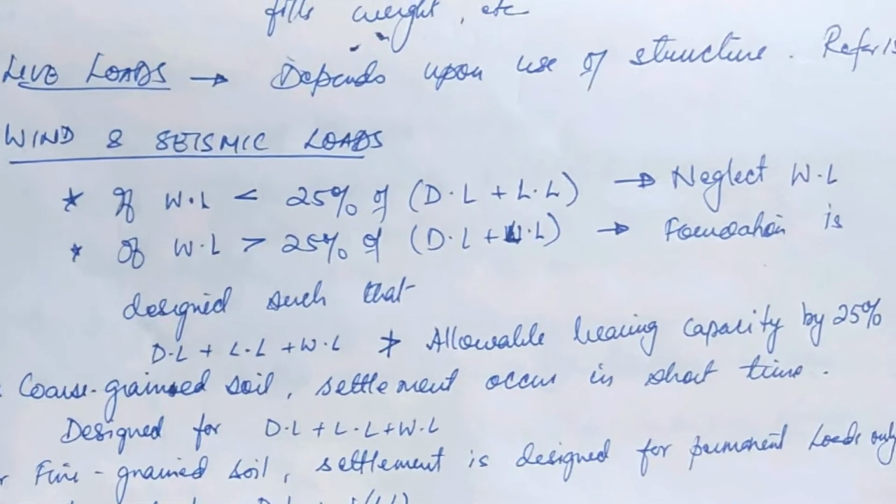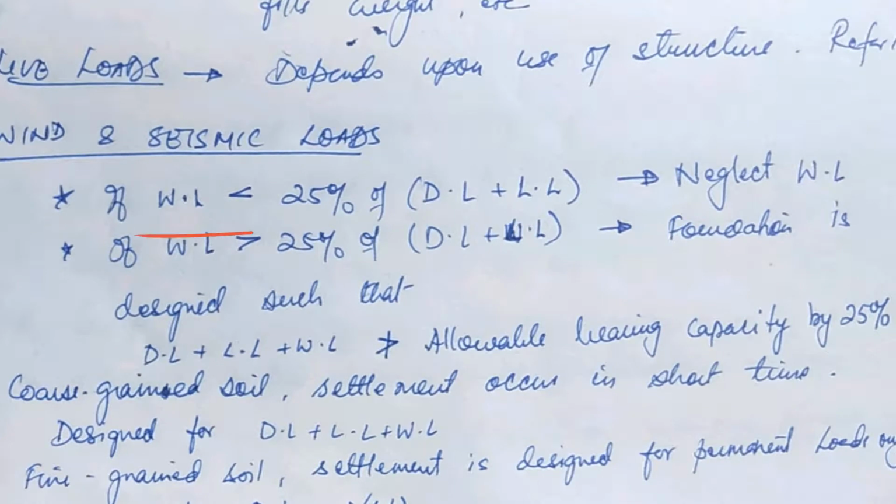Wind load, if it is coming out to be less than 25% of dead load plus live load, we are going to neglect the wind load. But if it is more than 25% of dead load plus live load, the foundation is designed in such a way that the combination of dead load, live load and seismic load does not exceed the allowable bearing capacity by more than 25%.